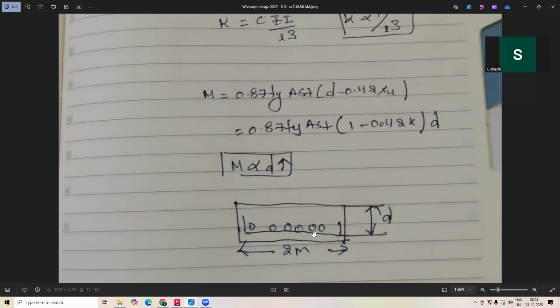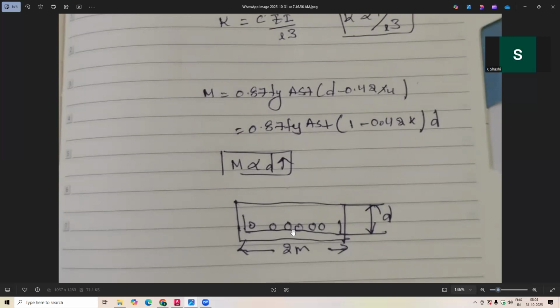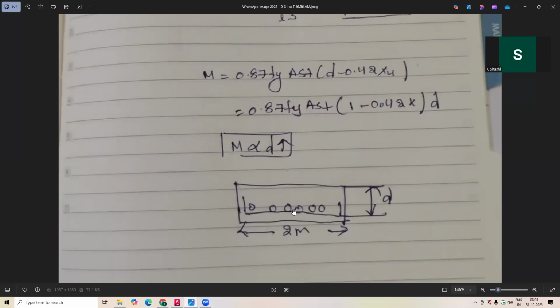If I place the bar parallel to the longer side first, then our effective depth is equal to total depth minus clear cover minus dia of the bar parallel to the 3 meters, minus half of the dia of the bar parallel to 2 meters. If I place the longer bar first, then our effective depth value is going to come out less. When your effective depth is less, you get less moment of resistance.